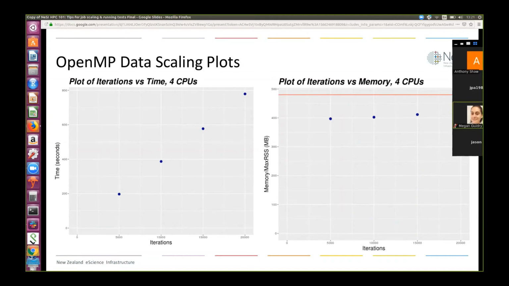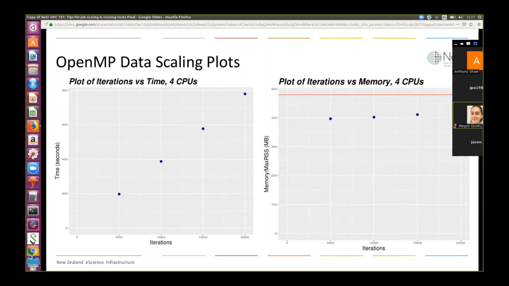However, if you want it to be nice, take the mean of the times, so the various times for each of these points. We have a point here at 200 seconds, another point near 400, and so on and so forth. And you divide that by whatever the iterations is for each of those points. So 200 over 5,000, 400 over 10,000, so on and so forth.